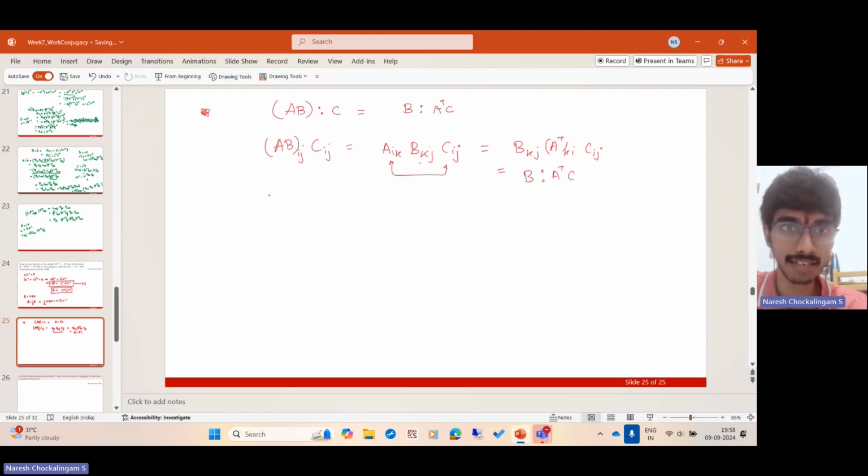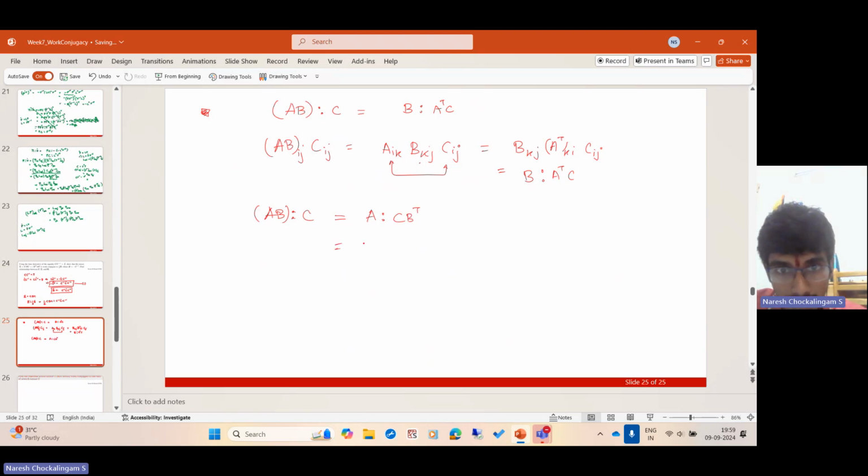Similarly, look at the other result. AB contracted with C is also equal to A contracted with C B transpose. Same thing. This is AB IJ CIJ. We already saw this is equal to AIK BKJ CIJ. Look at these two.